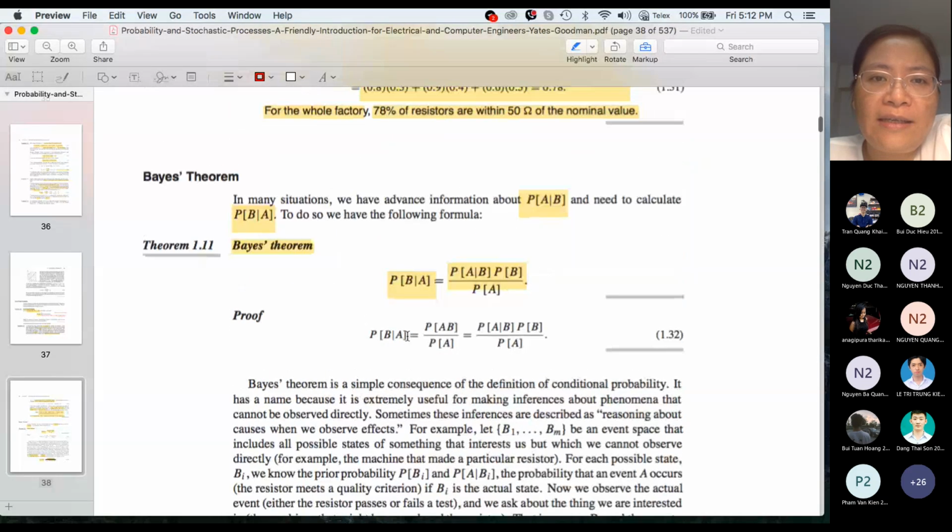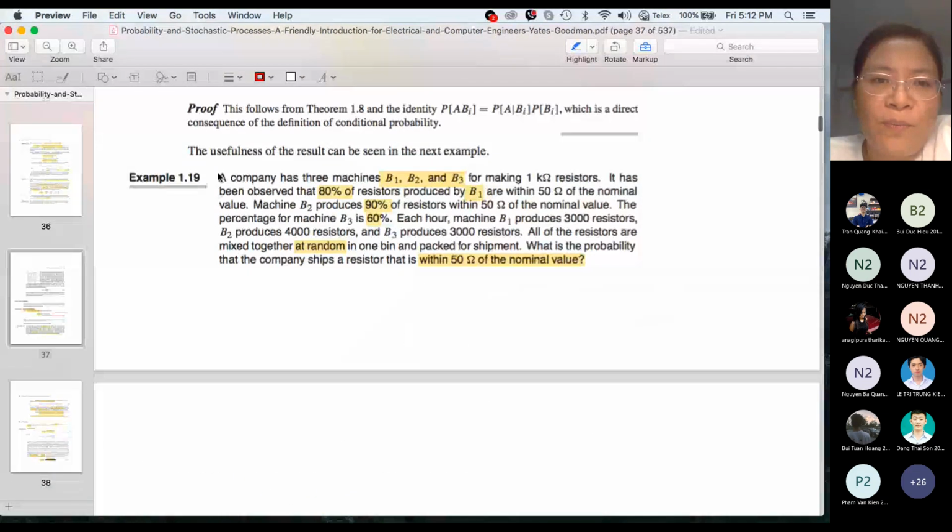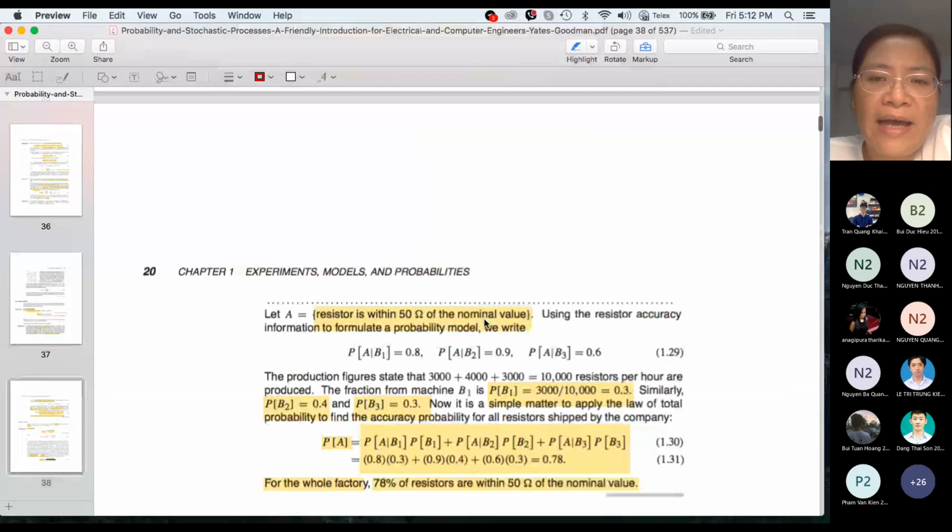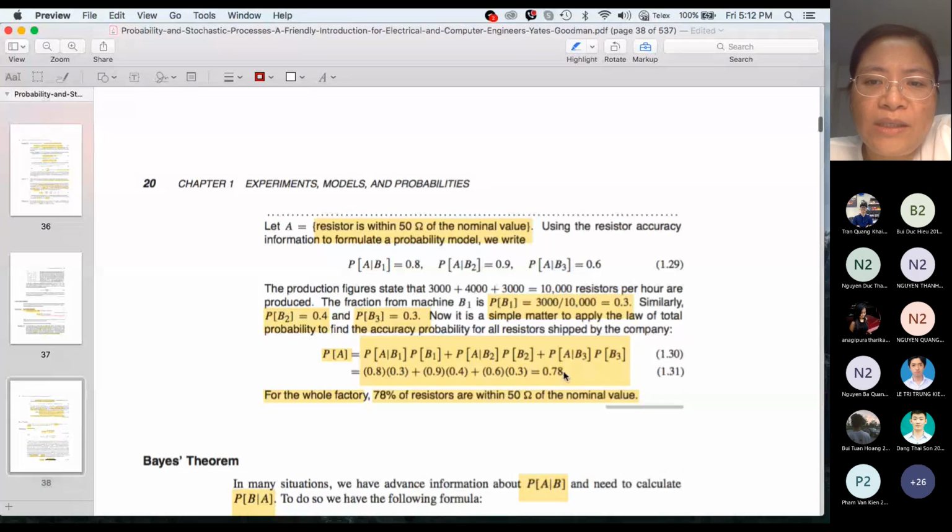We know from the previous example that probability of A equals 0.78. It means that 78% of resistors are within 50 ohms of the nominal value from the factory. Now we know A. We want to find B1 given A, B2 given A, B3 given A, to know which is the most likely.